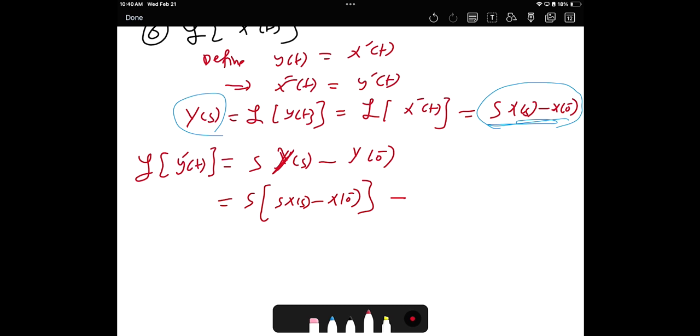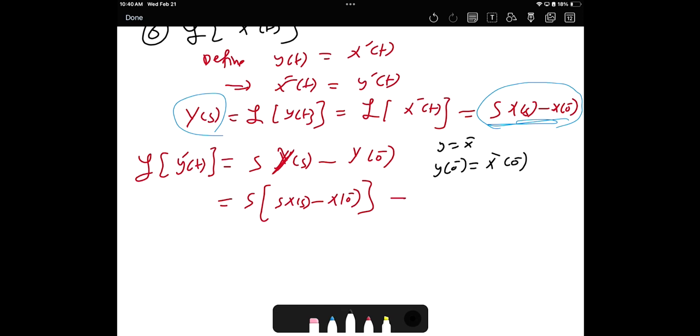Let's see here, y of 0. We know y equals x prime, so y of 0 equals x prime of 0 minus.